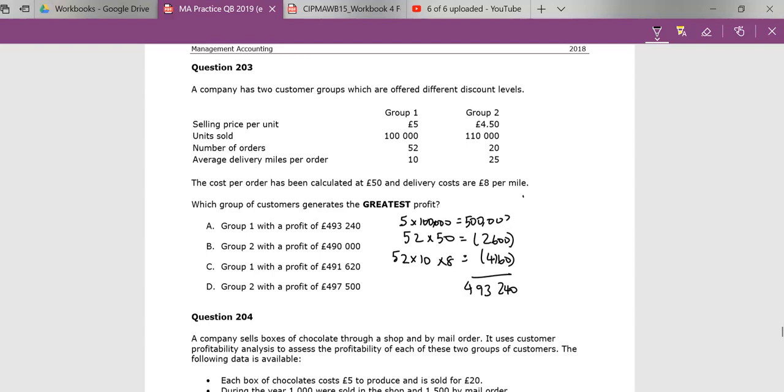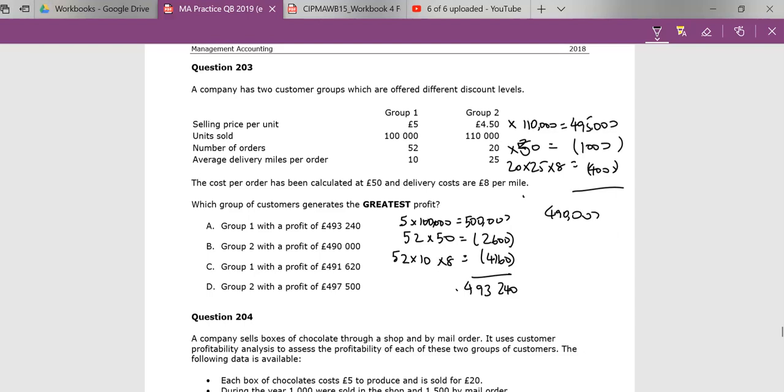I'm already thinking it's A, but I'll work out B. With B, I have £4.50 times 110,000 units, which is 495,000. Then 20 orders times £50 is 1,000, and 20 times 25 miles times 8 gives 4,000. Take 5,000 from 495,000 and that leaves 490,000.